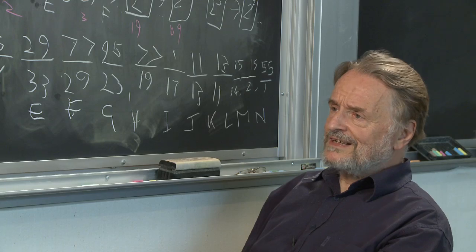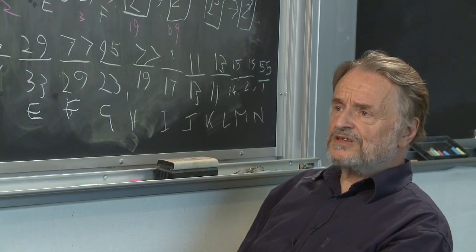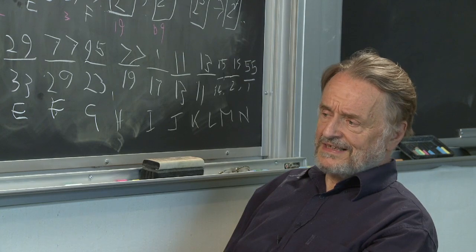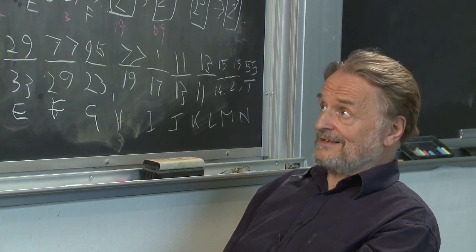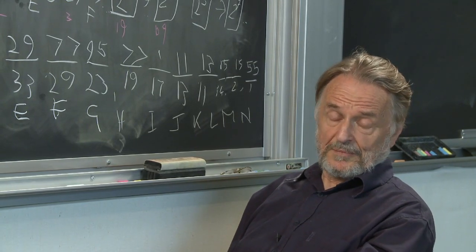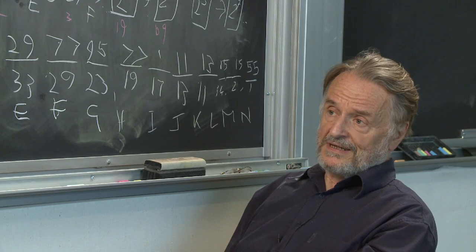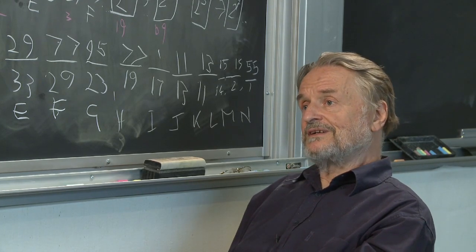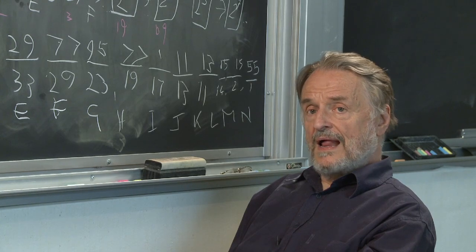So, you may have heard of this 3n+1 problem. Do you know it? Yes. This is a nice little sort of game you can play. Well, it's a nerdy sort of game. You take a number. If it's even, you halve it. If it's odd, you multiply by 3 and add 1.